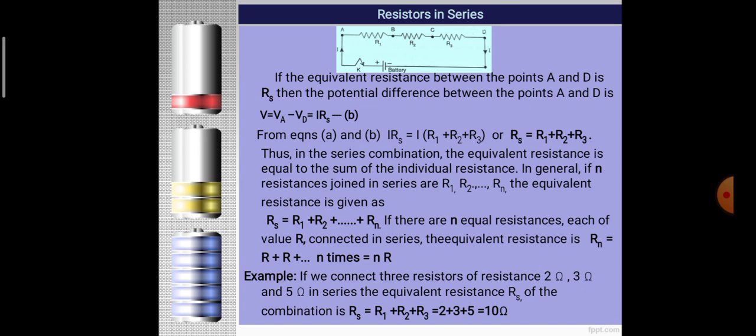If we connect three resistors of resistance 2 ohm, 3 ohm and 5 ohm in series, the equivalent resistance Rs of the combination is Rs is equal to R1 plus R2 plus R3, which is 2 plus 3 plus 5, 10 ohms.